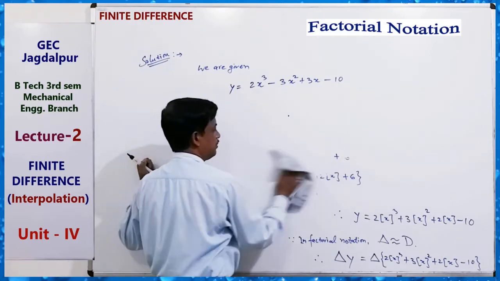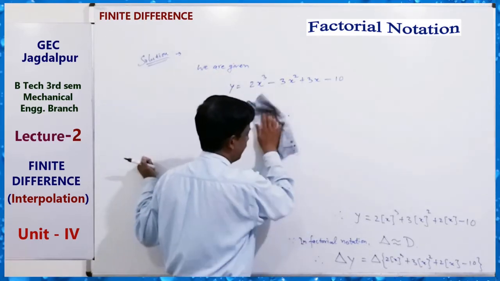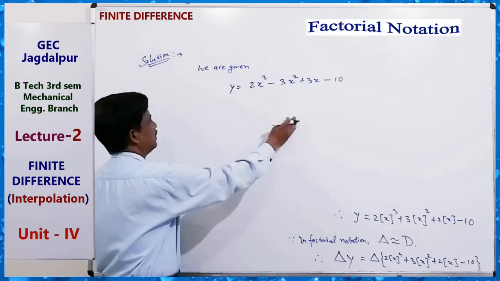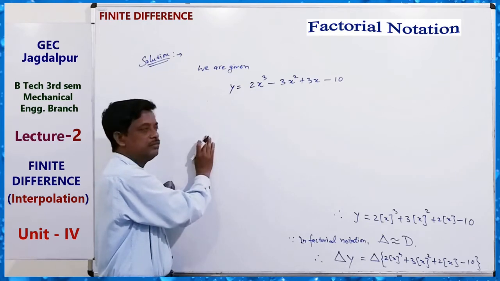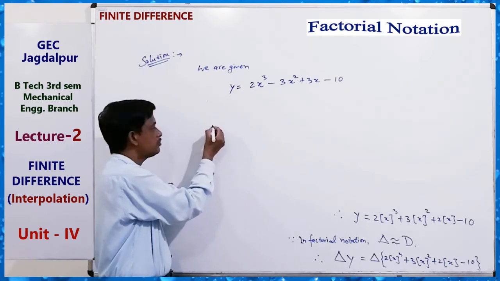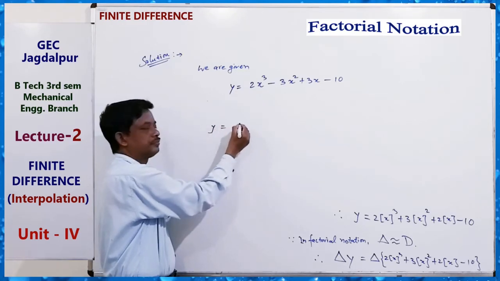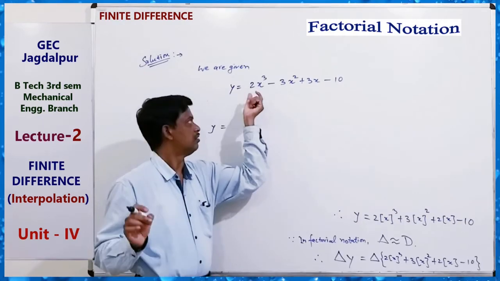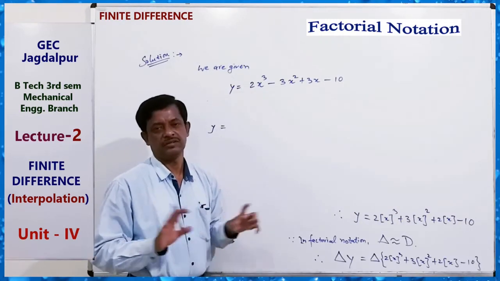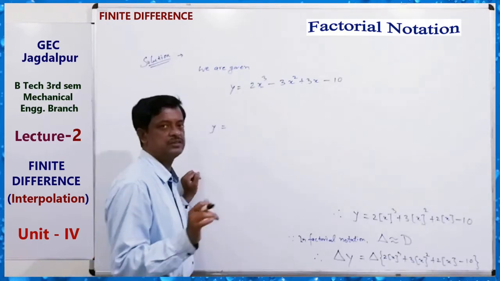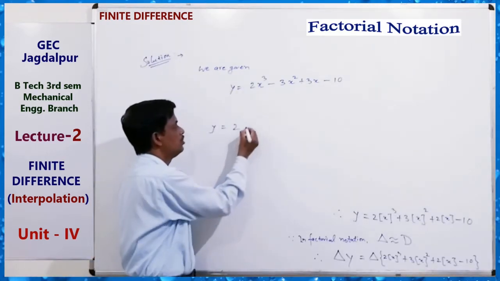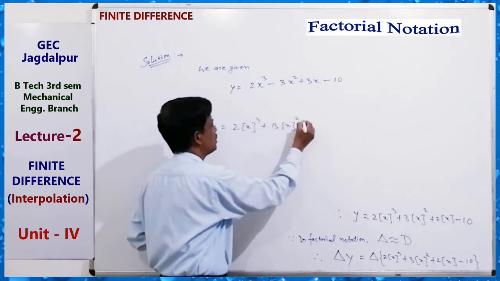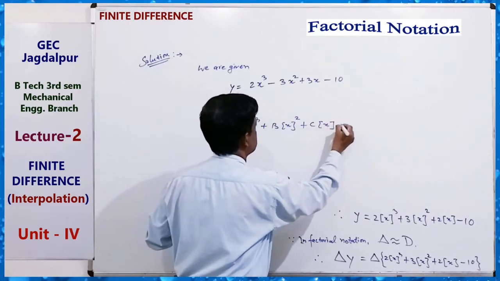If del of... we can also find it. How? Suppose y equals, here the first coefficient, the coefficient of the highest power of x, is always unchanged. So we can write 2x cube plus b x square plus c x plus d.